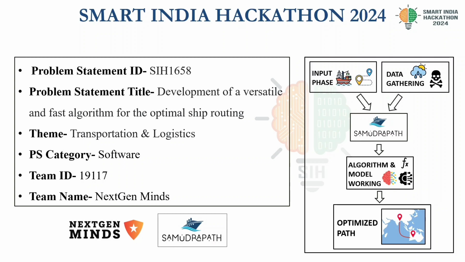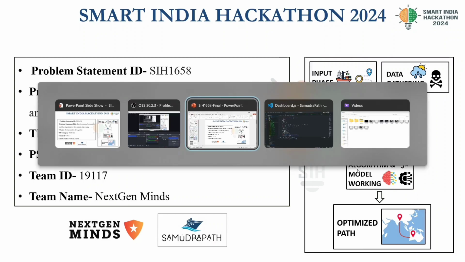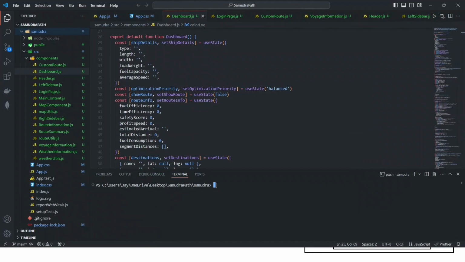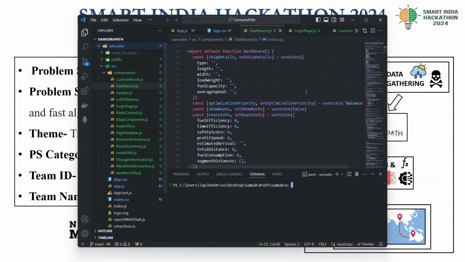By integrating real-time data and machine learning algorithms, the system offers dynamic, adaptive ship routing that ensures safety, fuel efficiency, and shorter voyage times. Its ability to adjust routes in response to changing conditions makes it a valuable tool for navigating complex maritime environments. Now, let me walk you through the prototype of our ship routing dashboard.